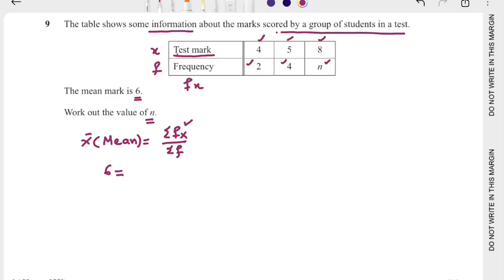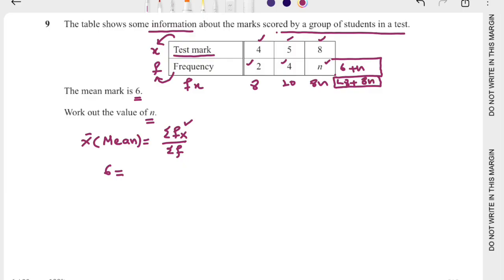Just consider that test marks are denoted by x and frequencies are denoted by f. So 4 times 2 is 8, and 5 times 4 is equal to 20, and 8 times n is equal to 8n. Now add both expressions for f and fx. So it will be 2 plus 4, 6 plus n, and it will be 28 plus 8n.